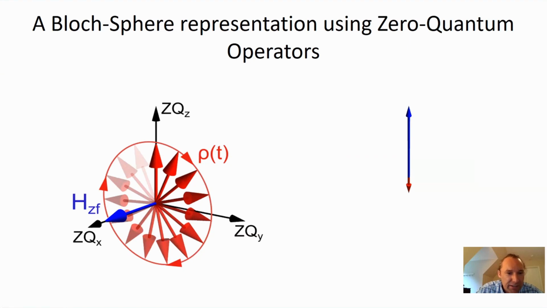And that's when our rotating density matrix hits zero quantum Y. Zero quantum Y has no magnetization associated with it. It is not detectable in the magnetometer, and therefore the picture of the video on the right makes sense. It keeps rotating, becomes minus zero quantum Z, then becomes minus zero quantum Y, and rotates back to become, again, zero quantum Z, which is IZ minus SZ.